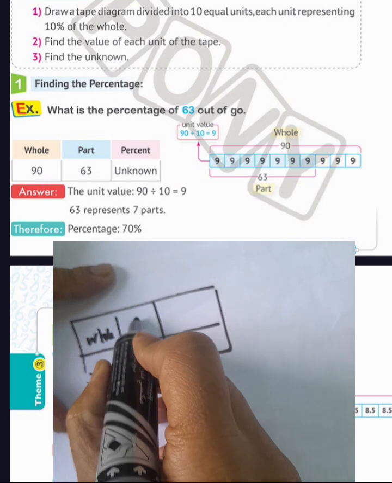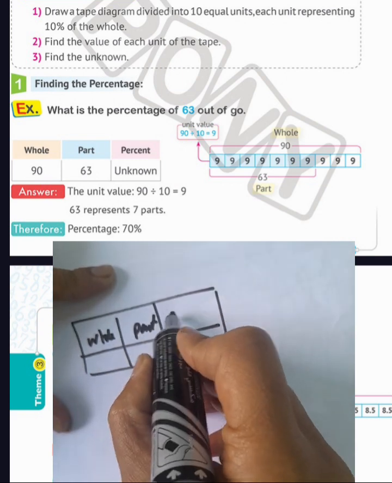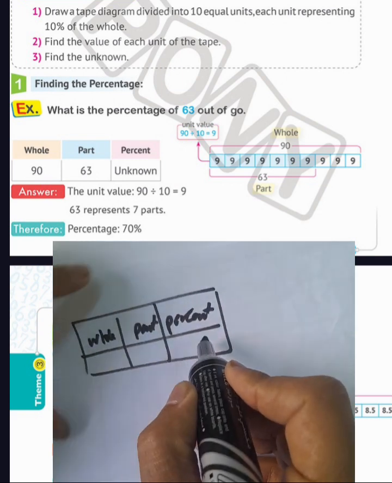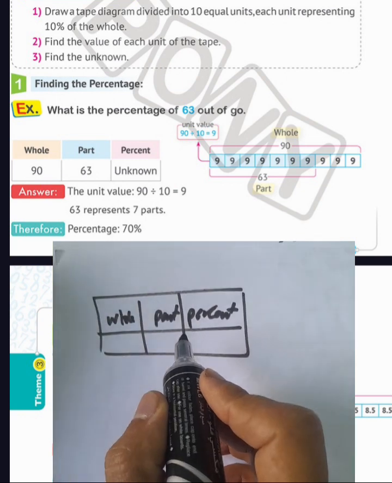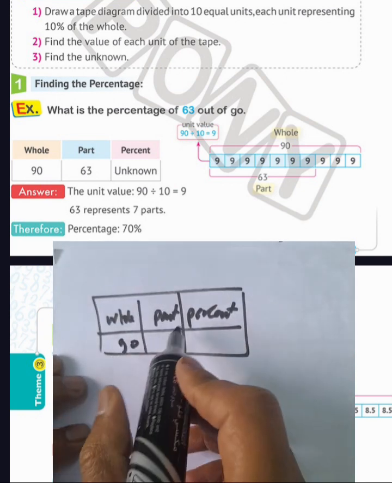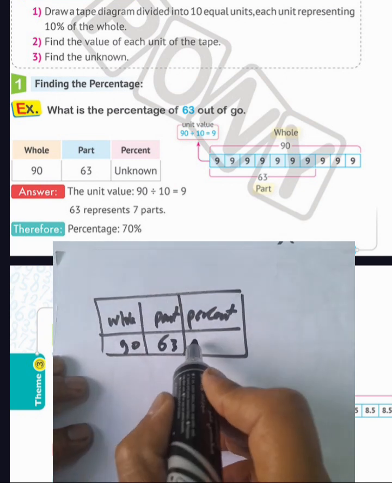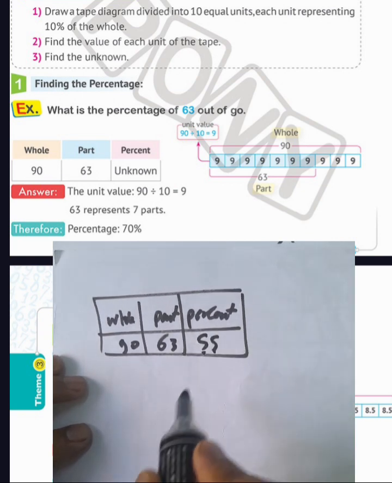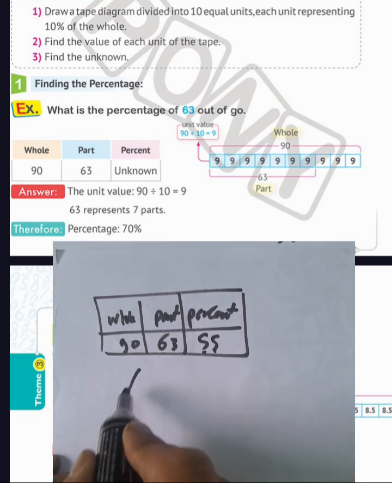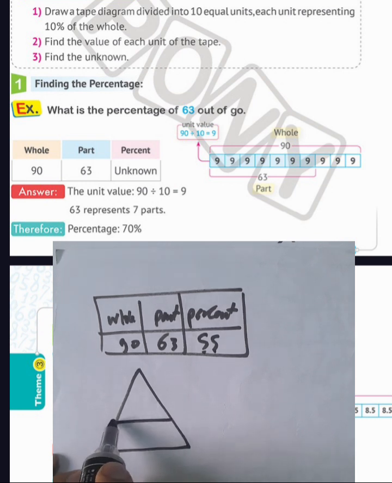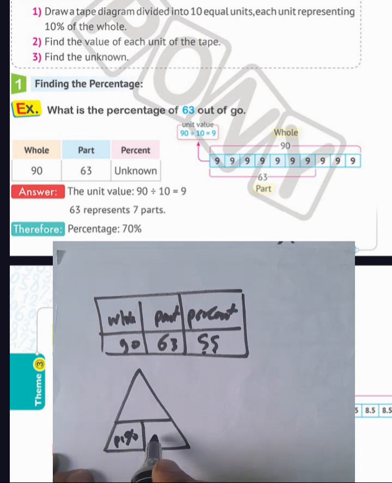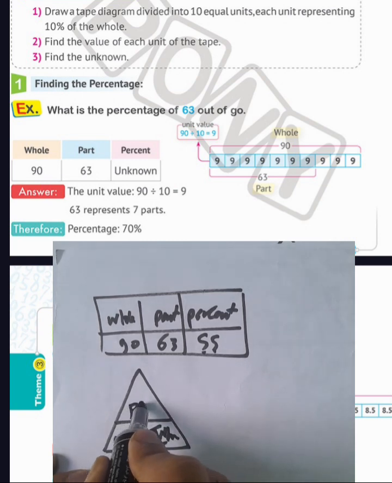Whole and part and percent. Okay, he gave us 90 and 63 and the unknown here is the percent. Okay, we know this table. Do you remember? We have here the percent and the total, the whole number, and here the part.